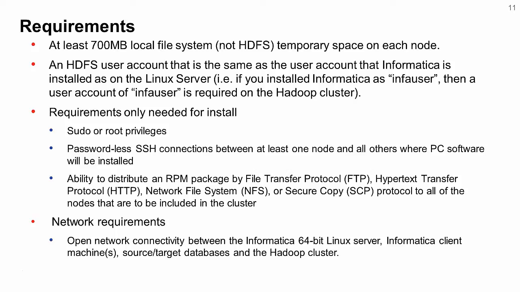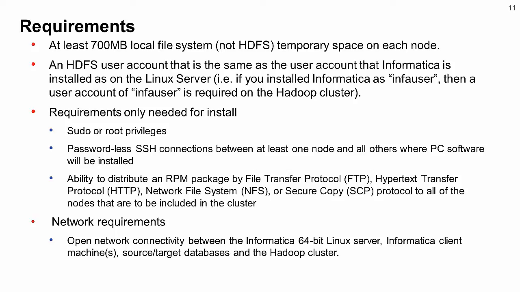So there's a couple of ways that we can install Informatica BDM. If you're using Cloudera, you can leverage Cloudera Manager to distribute the Informatica BDM binaries on the cluster, and we have parcels created specifically for Cloudera Manager, right?